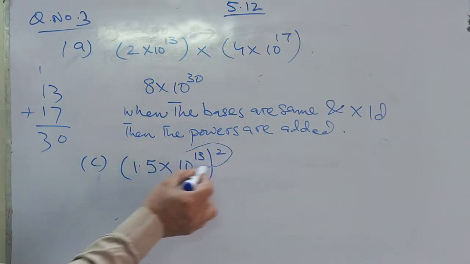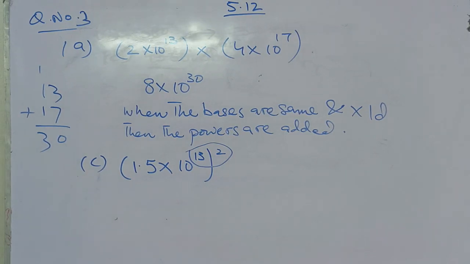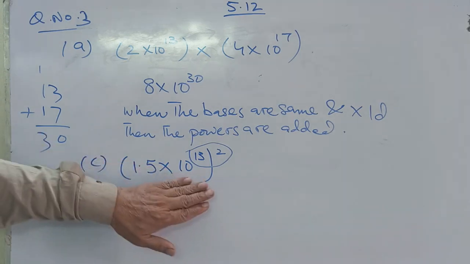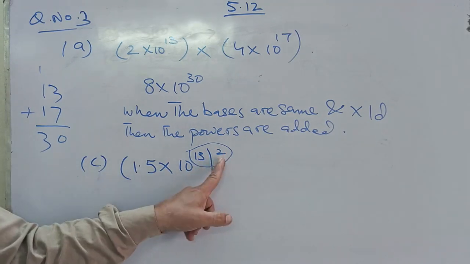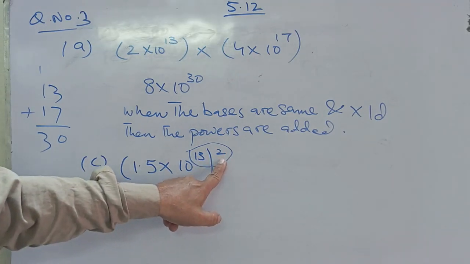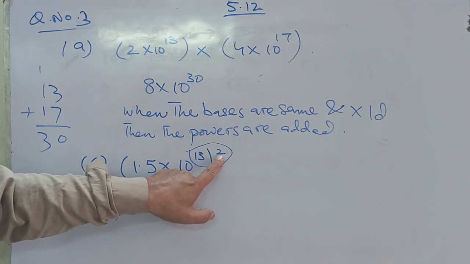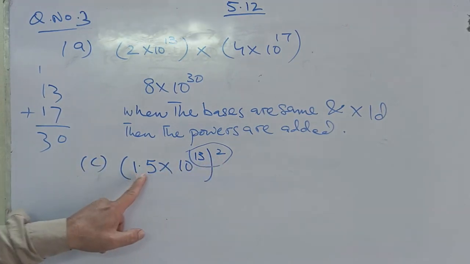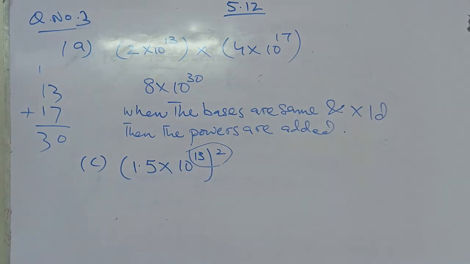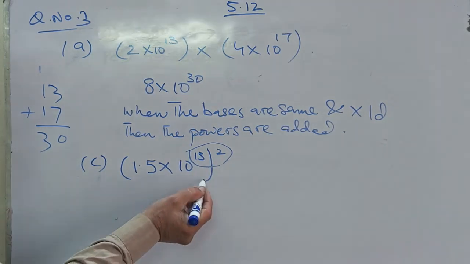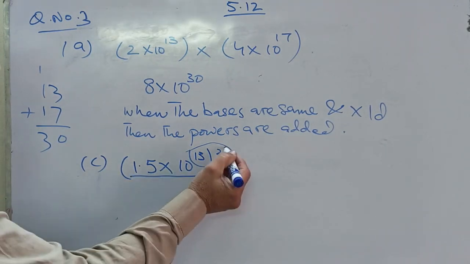Now what will we do? You see that this is the whole base now for this power. For this power, this square, this 1.5 multiplied 10 raised to power 13 is the base. This is the base for this power.